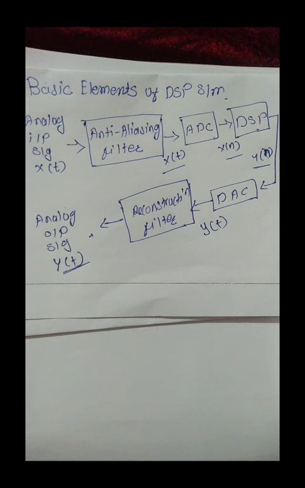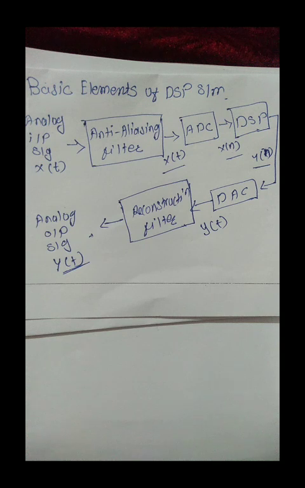The first is the analog signal x of t, which is given to the anti-aliasing filter, because the signals are not band limited. To make them band limited, we use the anti-aliasing filter. Then next is the ADC, which converts the continuous time signal to a discrete time signal. Then next is the DSP, the digital signal processor, which is the heart of our system.